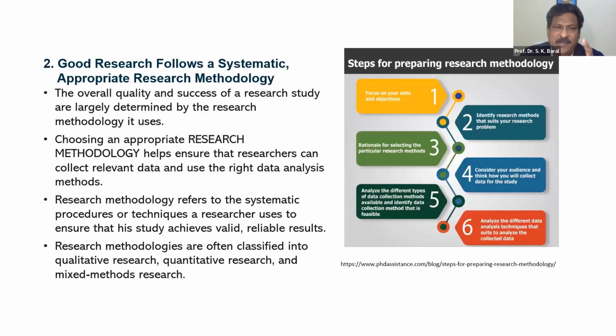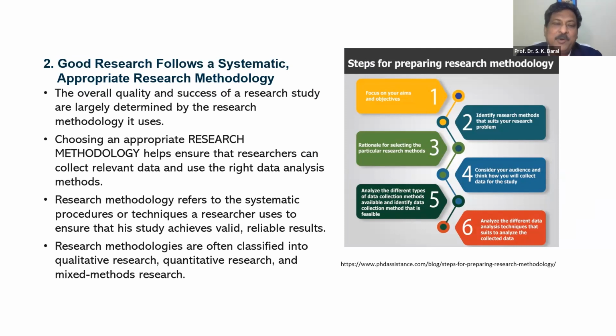So we must see that the number one quality is good research is anchored on a sound research question. And the second is good research follows a systematic and appropriate research methodology. So when we are very sure about the research question and the research gap, we must apply the appropriate research methodology, which should be very systematic in nature.